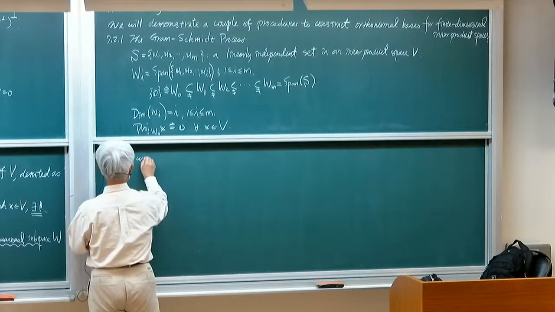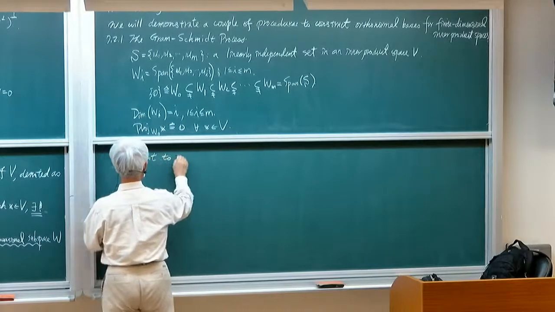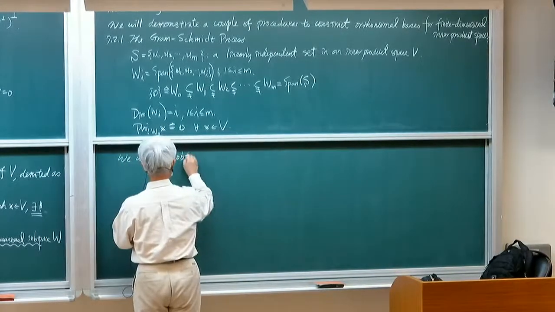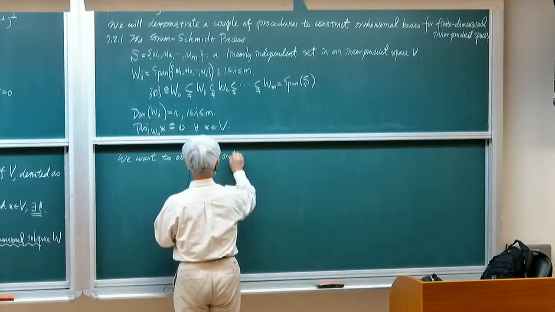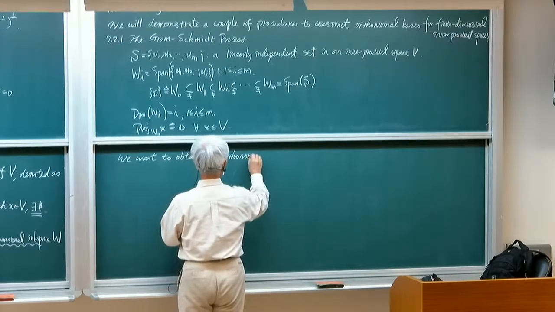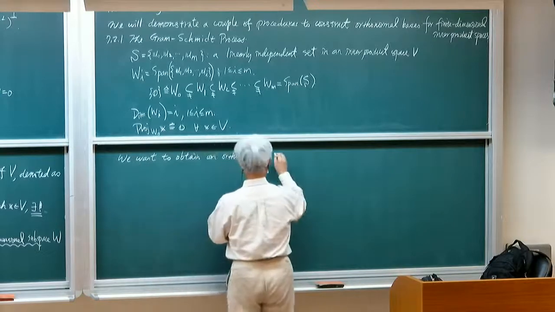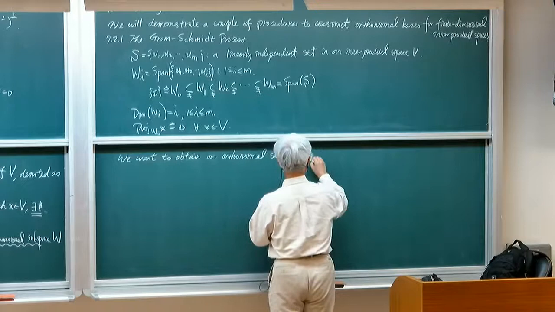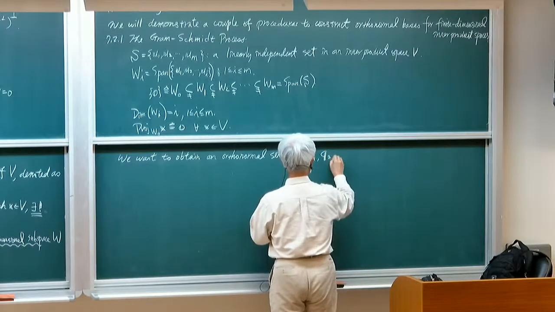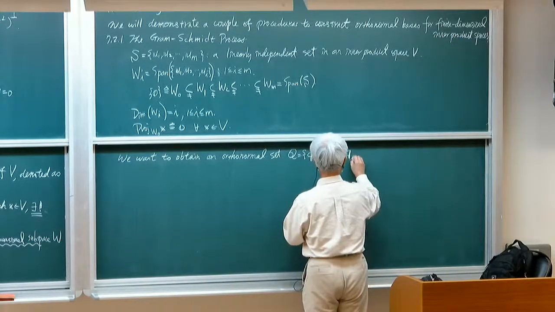Okay, so we want to obtain an orthonormal set called Q1, Q2 up to Qm.